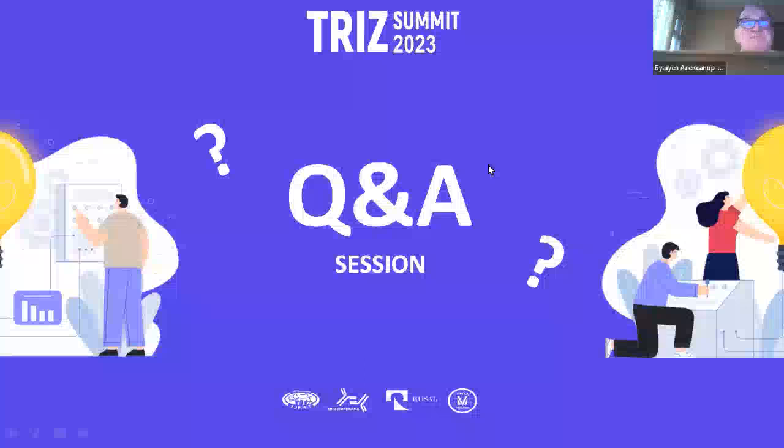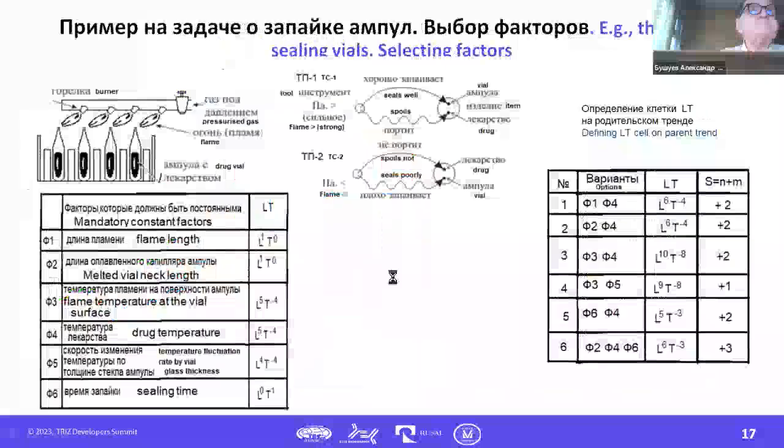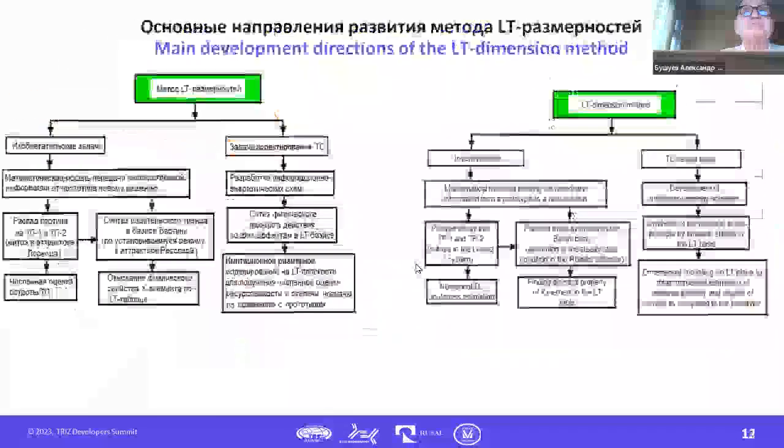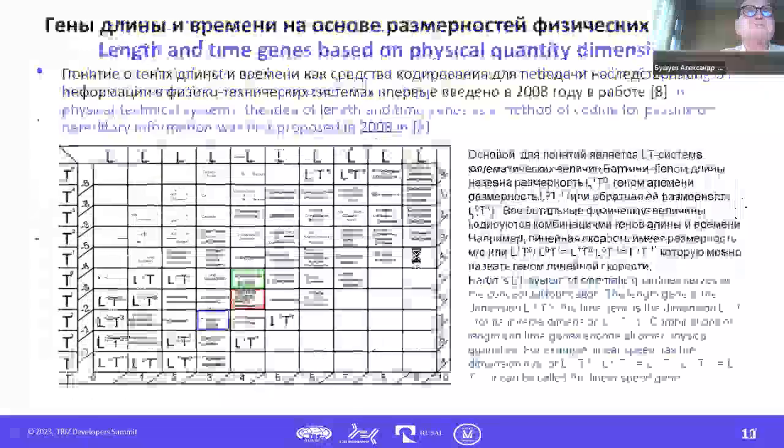Yeah, it's possible. If you know the C system dimensions, so dimensionability, then you can put it from the Bartini system into the LT system. For example, mass and amount of power could be in one cell.